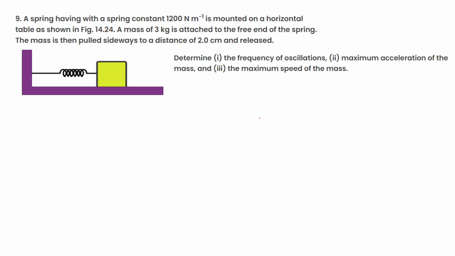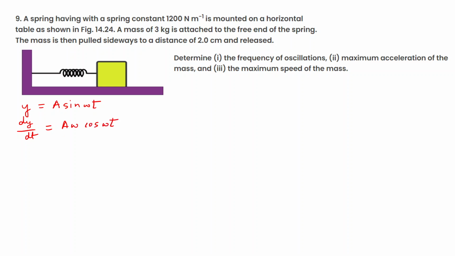Now the maximum velocity of the mass is given by this. Just to make it clear how we get this expression, if I take y equal to a sine omega t, and this is dy by dt, velocity is the first derivative, so this will be a omega cos omega t.